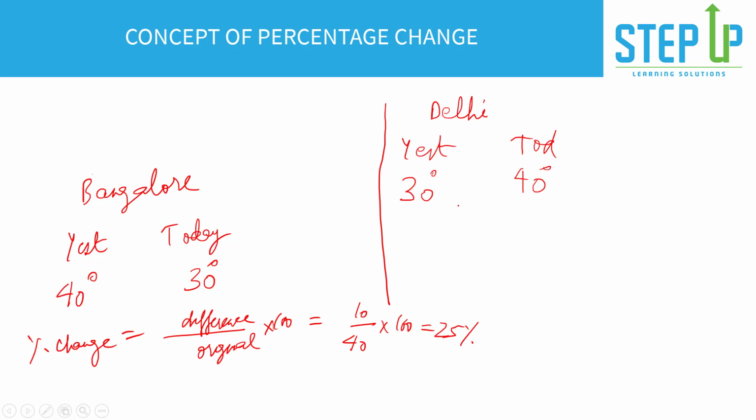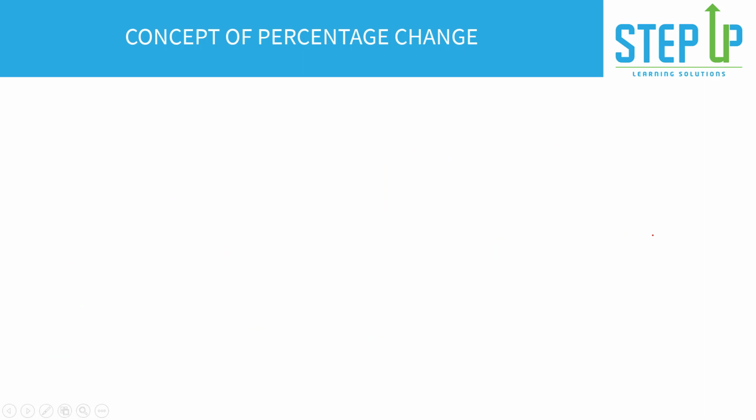Although the degree change is the same, 10 degrees, there it was decreasing, here it's increasing, the formula will be the difference, which is 10, upon original. What is the original? It is 30, into 100. So here it's not 25, as you can see, it's 33.33%.